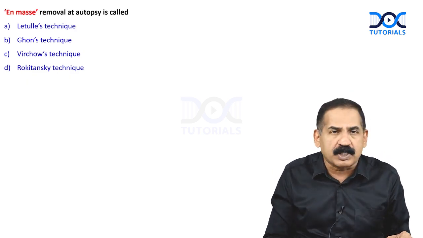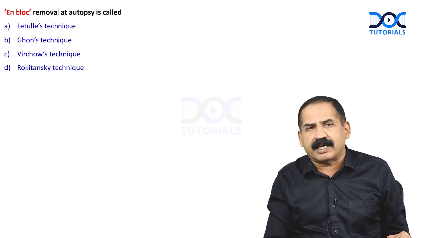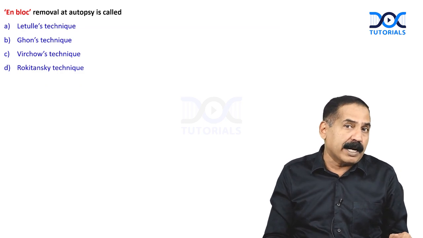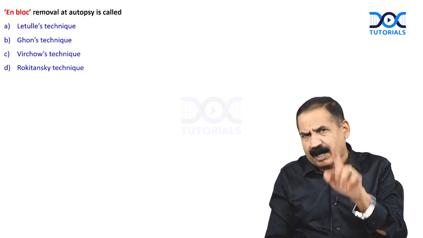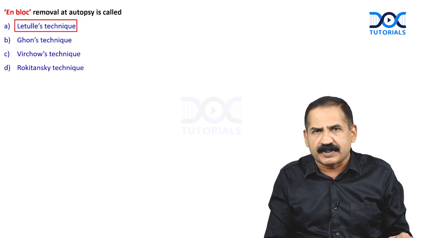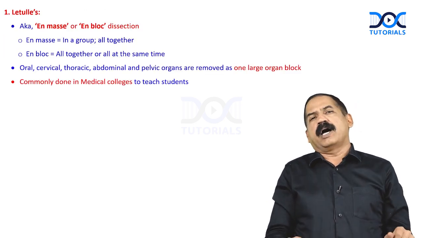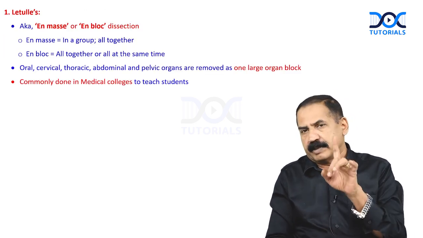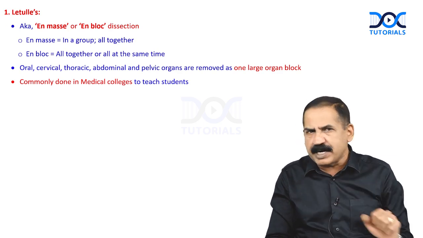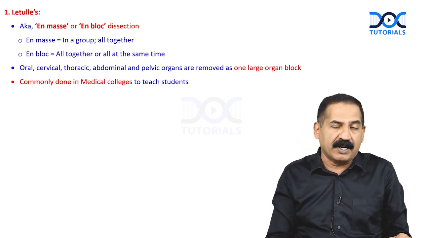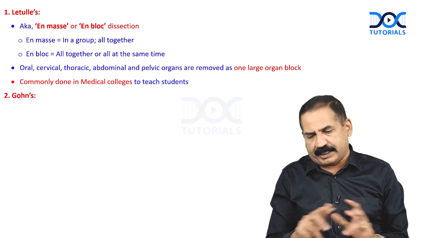En-masse removal at autopsy is called lettuce technique. En-block removal at autopsy is called, again, the answer is lettuce. It is commonly done in medical colleges to teach both undergraduate as well as postgraduate students.